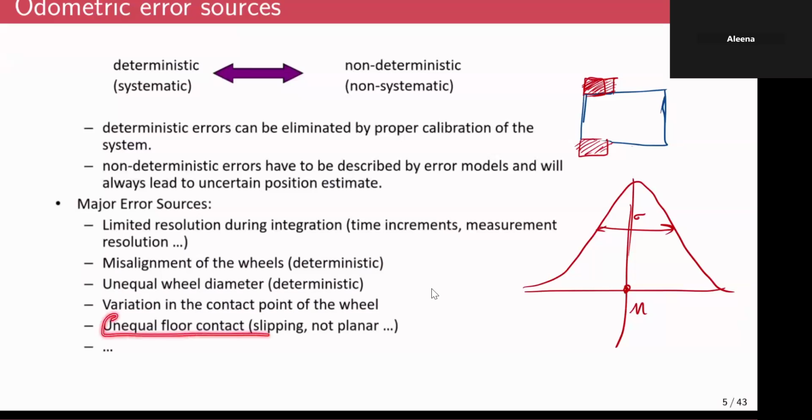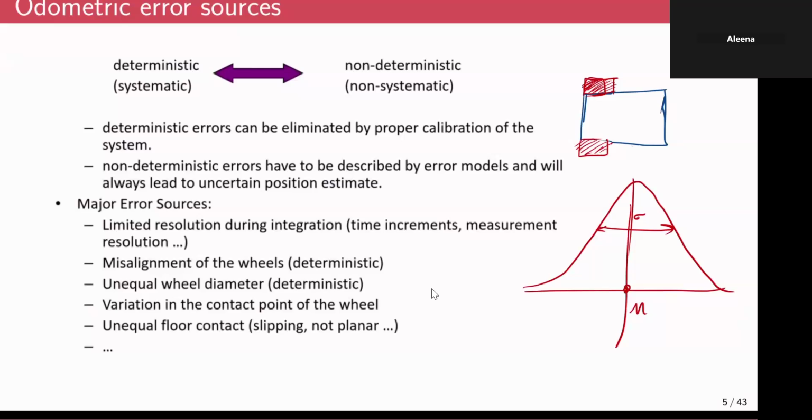And the same thing, unequal floor contact. We do our modeling based on the fact that the wheels roll without slipping, that the wheels will be perfectly rolling. But in real cases, you expect slipping due to the characteristics of the wheel and of the floor.